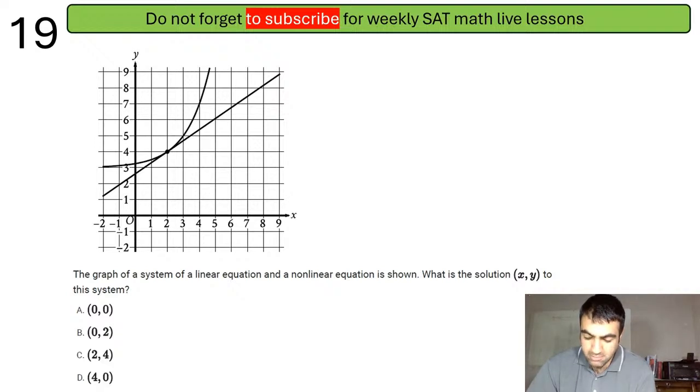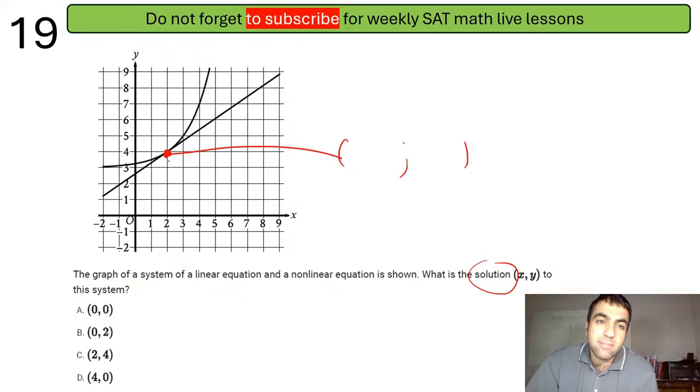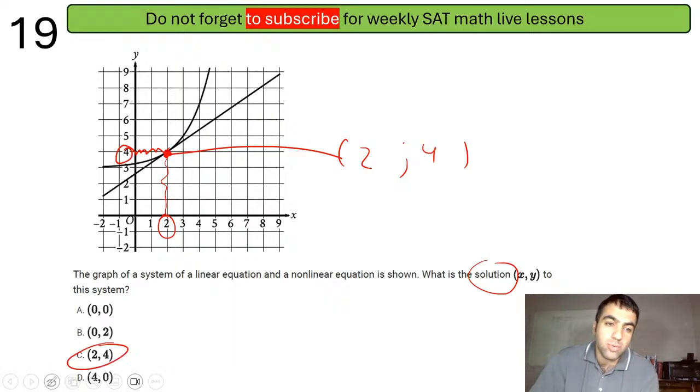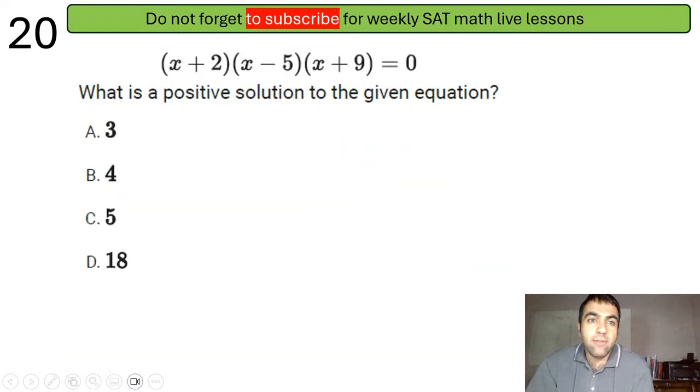And Mr. Shaheen says it is B. It is C. Okay. The solution means the intersection point on the graphs. X coordinate of this point is 2 and y coordinate of this point is 4. The correct option is C. Question 20. What is a positive solution to the given equation?